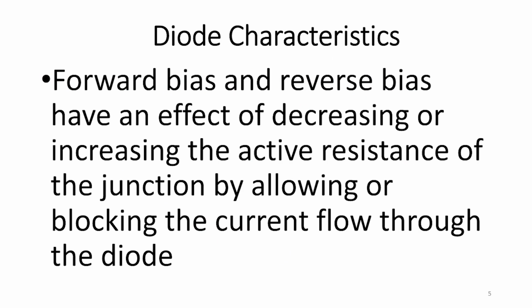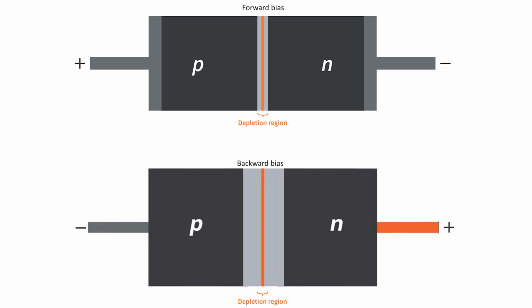Forward bias and reverse bias have an effect of decreasing or increasing the active resistance of the junction by allowing or blocking the current flow through the diode. In other words, the depletion layer widens with the increase in the application of a reverse voltage and narrows with the increase in the application of a forward voltage.